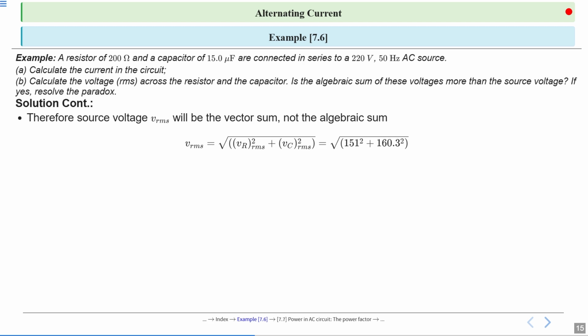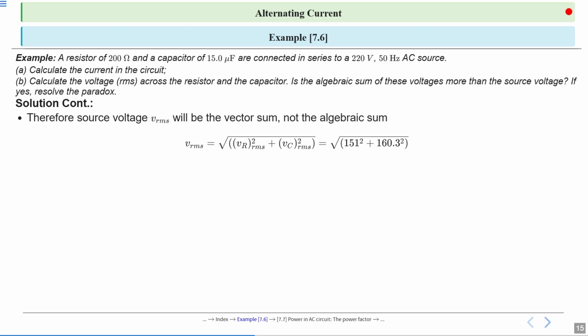Now what is theta here? It is the phase difference between the two phasors, 90 degree. Cos 90 degree is 0, so the term 2ab cos theta can be eliminated. Only the squares of both phasors and the root will be there. This is the vector sum, and this is how we calculate the magnitude of the resultant.